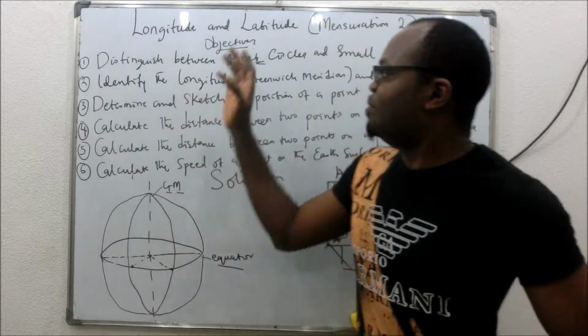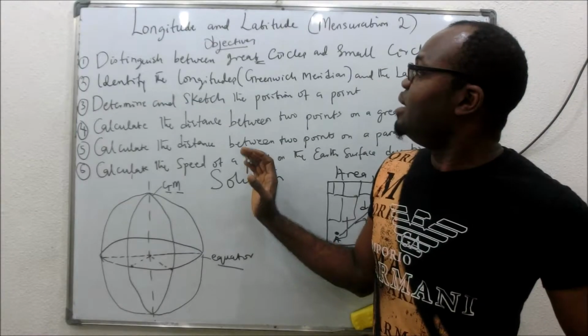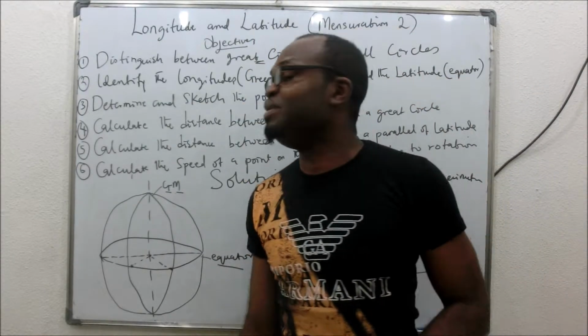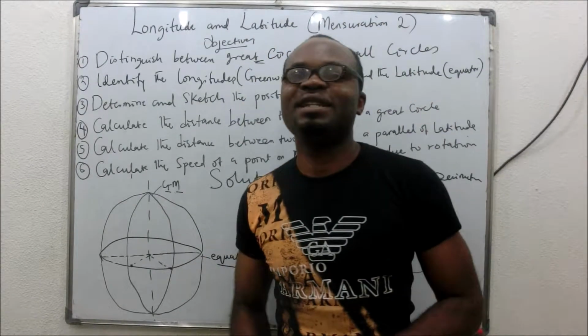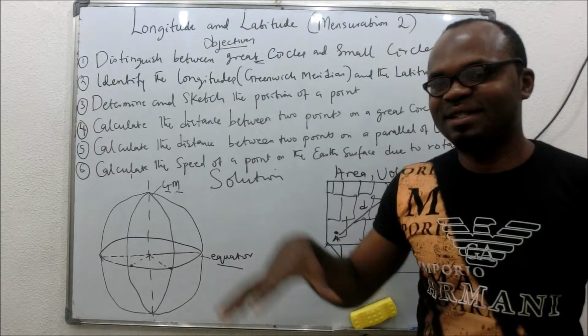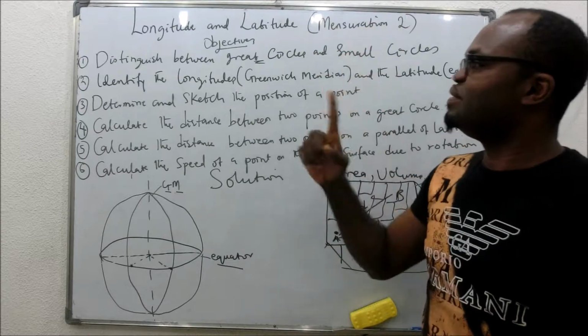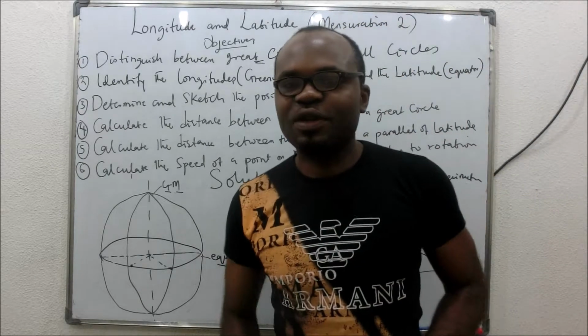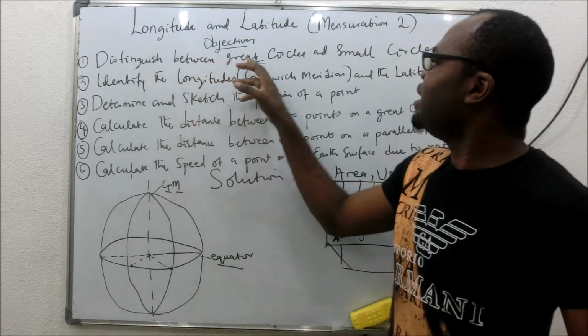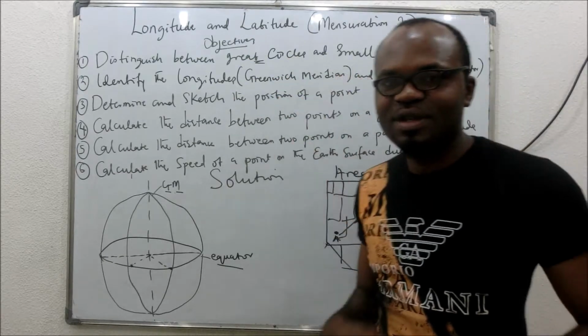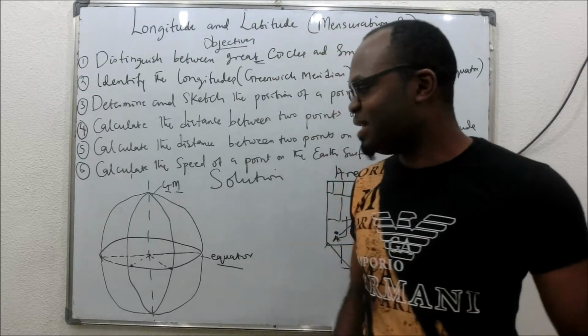So what is the objective of this course? What are we expected to know after this course, longitude and latitude under mensuration 2? Number one, you should be able to distinguish between a great circle and a small circle, which is what I've just explained.